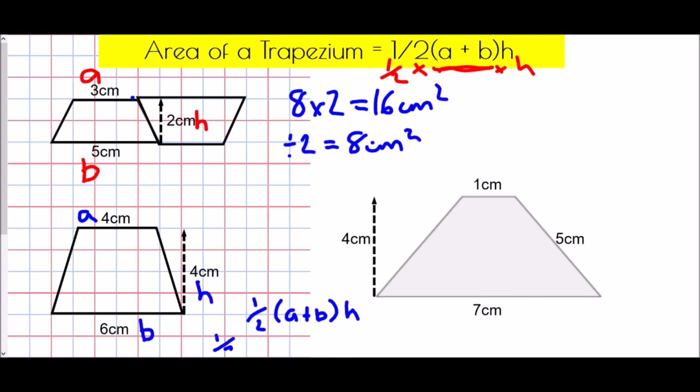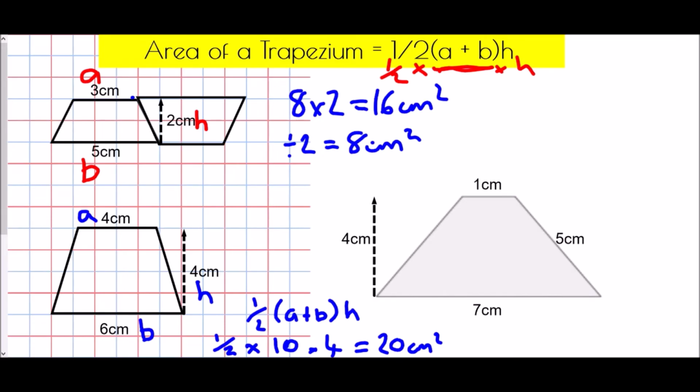So that's a half times, well, 4 plus 6 is 10, and the height is 4. A half times 10 times 4, like I say, you can do that in any order you like. A half times 10 would be 5, times 4 is 20. So we have 20 centimetres squared.